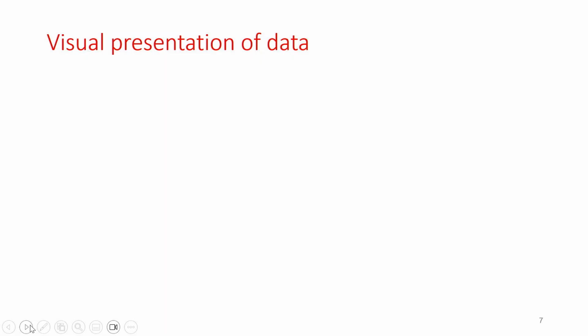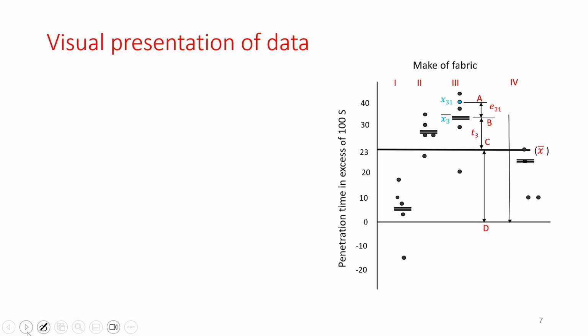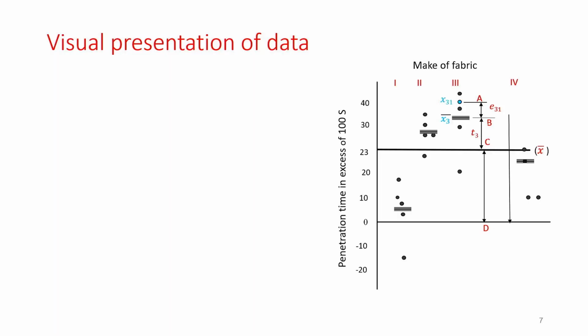Now let us make a visual presentation of the data. Here is the same data for fabric makes 1, 2, 3, 4. On the right hand side, you see the visual presentation of the data. Now what is here on the x-axis?